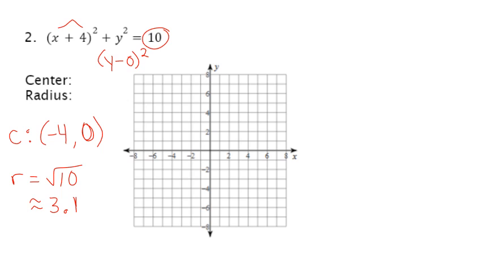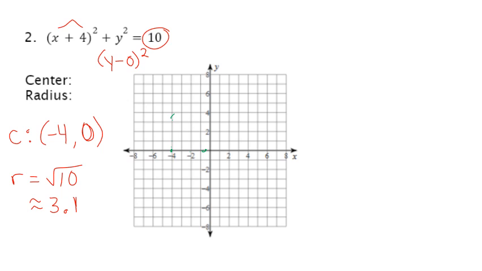So if I plot my circle, my center's at (-4, 0), so I'm going to plot my center. And then I'm going to go roughly about 3.1 units. So 1, 2, 3, I'm going to be a little above the 3. We got one here.